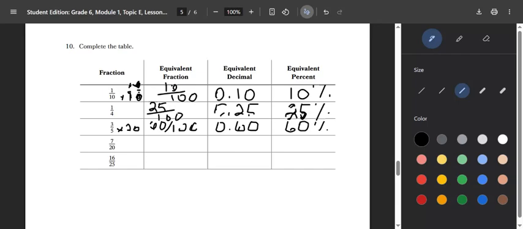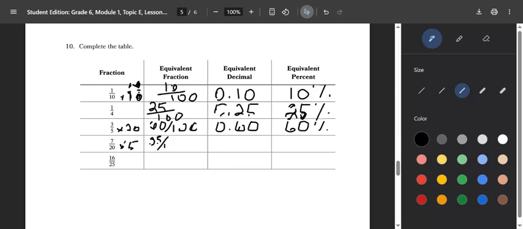Now, 7/20ths, if I multiply the 20 times 5, that's going to give me 100. So I also have to multiply the 7 times 5 to make the equivalent fraction. So 7 times 5 is 35.